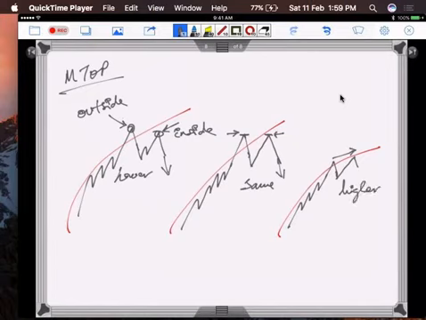What matters most is that it has to make one outside and one inside. The next one, which is inside, can be above the first, the same, or below, no big deal, but it has to be inside. This creates an M top, which creates a possibility of a fall.